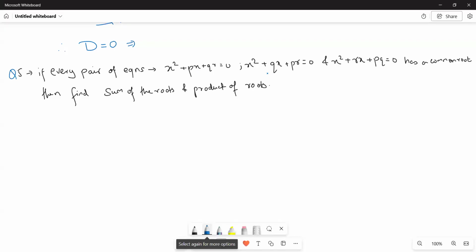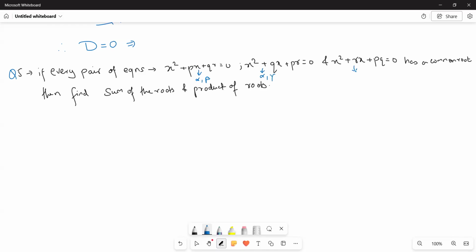If every pair of equations has a common root, what should the roots of these equations look like? So if we say that the roots of the first are alpha, beta, then the second one has to share a root with the first. So let's say alpha is the common root, and gamma is the non-common root.